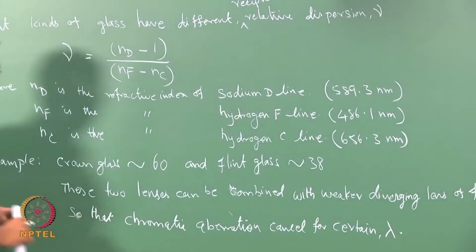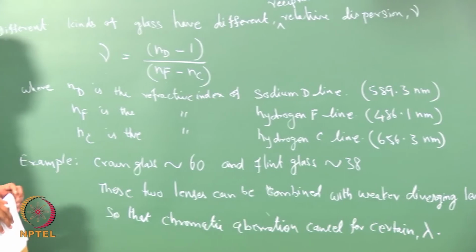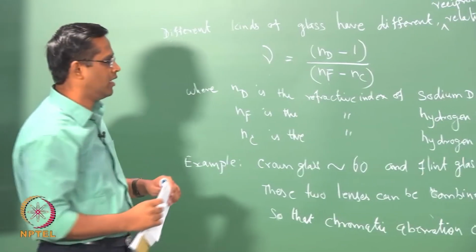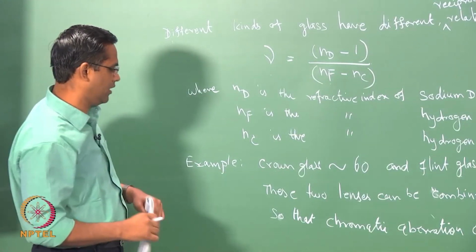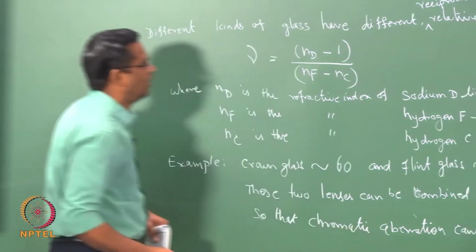So, this is one case study of how this correction is done in the case of chromatic aberration.